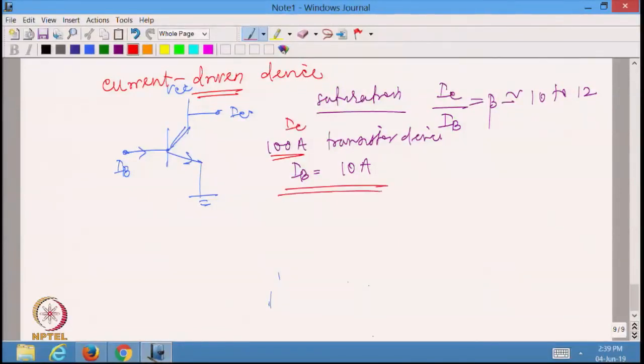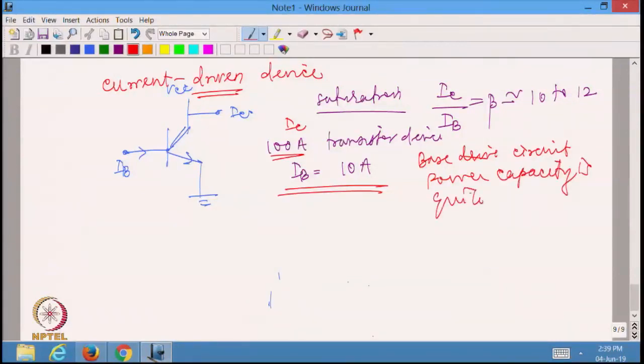So, IB has to be 10 ampere, because of which the base drive circuit power capacity is quite high. If this is quite high, the design is definitely not simple. This is one of the major problems of this transistor.